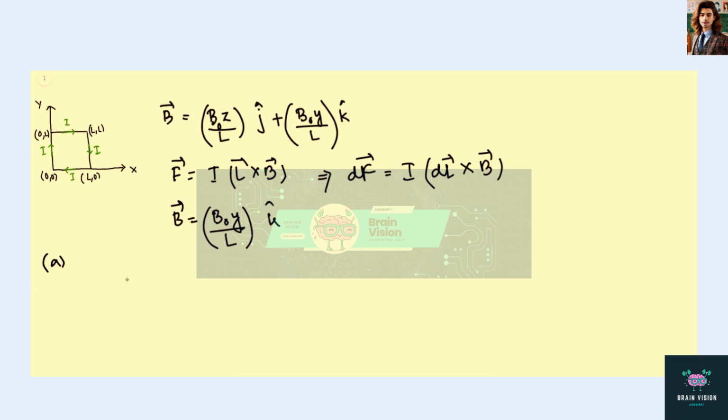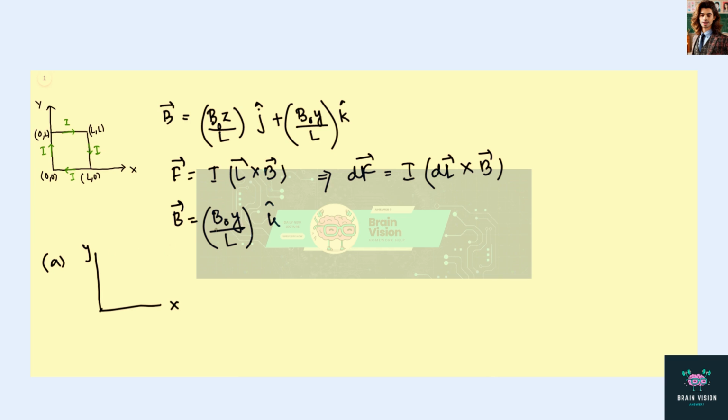For the first part, the magnetic field lines in the yz plane are to be sketched. So let's say this is the x and this is the y-axis, and the magnetic field is along the positive k-axis, and it varies with y.